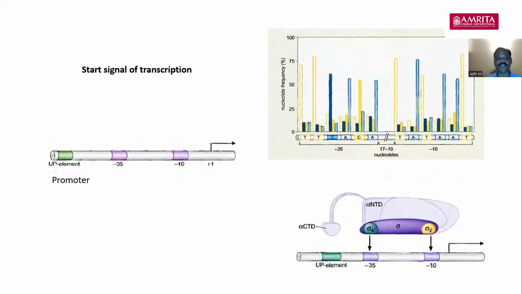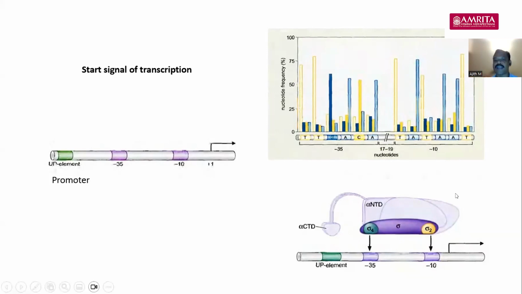And in certain instances, upstream elements are required. There are some variations to this. I'm giving you the structure of a typical promoter. There are always variations in biology. So this is the sequence that is required for transcription to start.